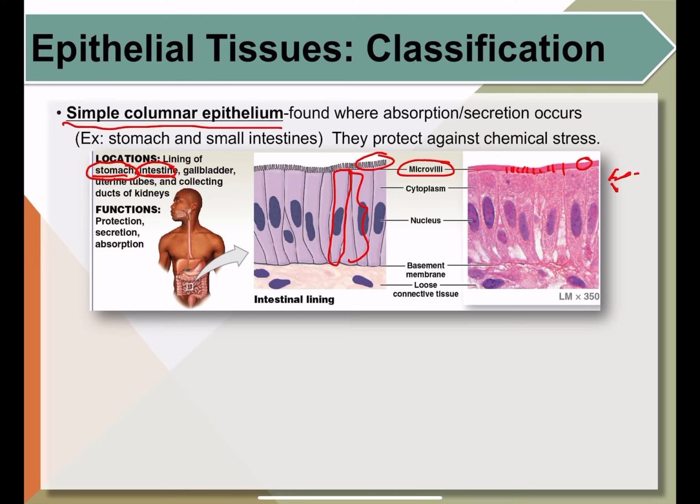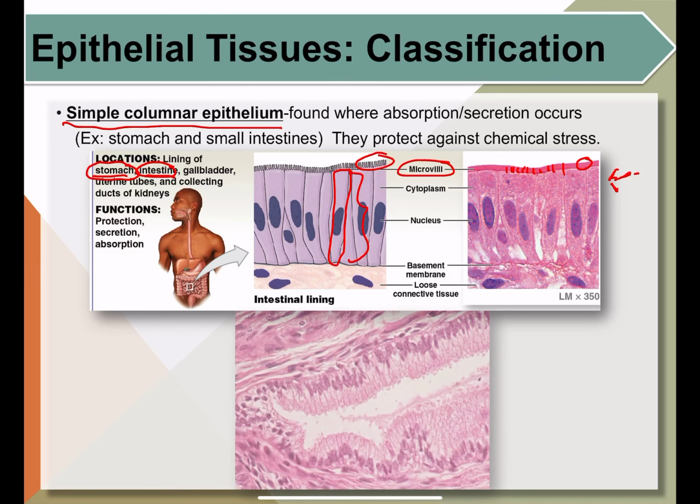You can't tell individual microvilli with the power of our light microscope, but you can see cilia. So that's how we can tell the difference between ciliated epithelium versus just epithelium that has microvilli. Microvilli, you can't tell. There are little lines on there, but cilia you can, okay? Microvilli are just too small and too densely packed together for us to see individual little finger-like structures. So this is an example from your stomach.